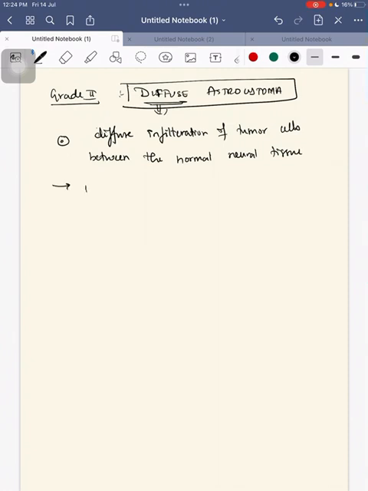Microscopically, that is its histopathological feature, there will be greater cellularity compared to pilocytic astrocytoma, with few mitotic figures and nuclear pleomorphism.